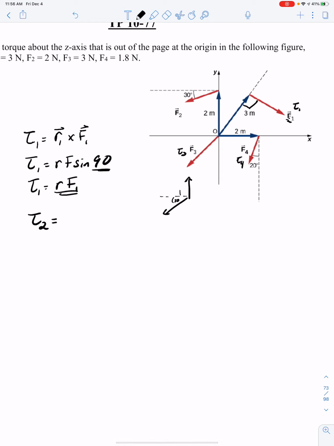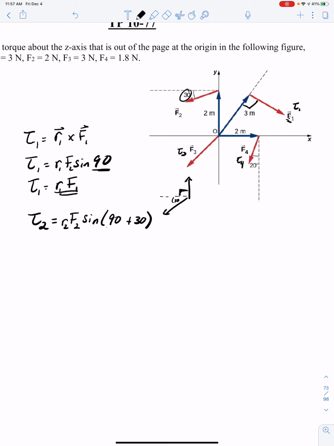Since I want it 90 degrees, I can rewrite this as r2 times force 2 times sine of 120, or let me just, so I don't miss a step, sine of 90, which is what I want, plus 30 degrees, which is the additional angle that I have for it.